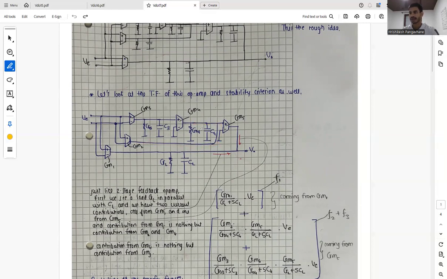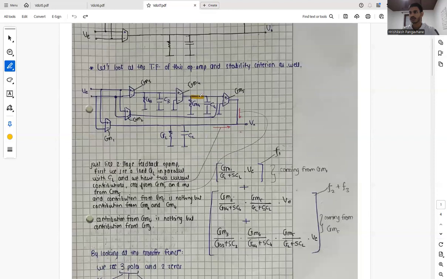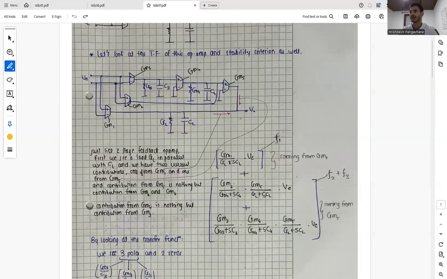Again, the contribution from GM4 is nothing but the contribution from GM3. So while deriving the transfer function, the contribution from GM1 is basically GM1 divided by the conductance associated with it and multiplied by the input voltage.